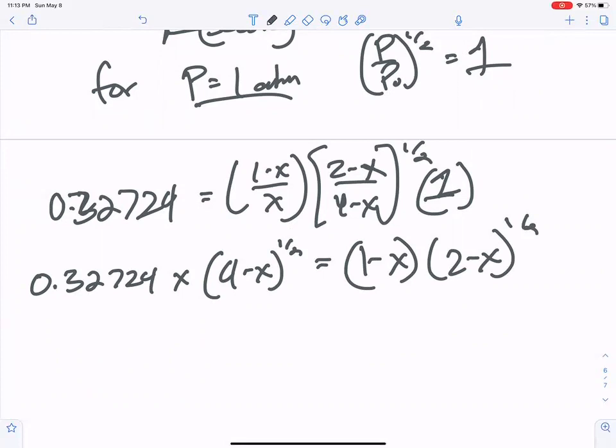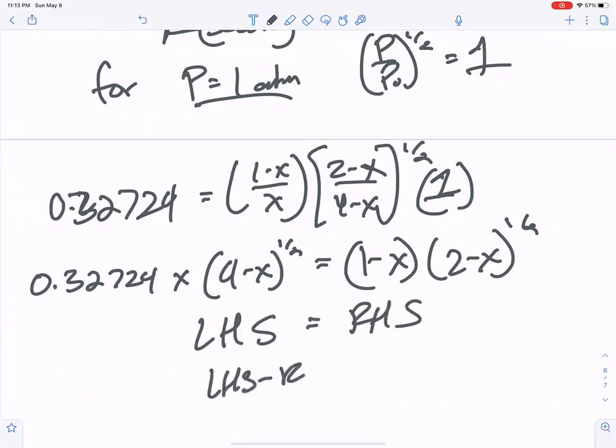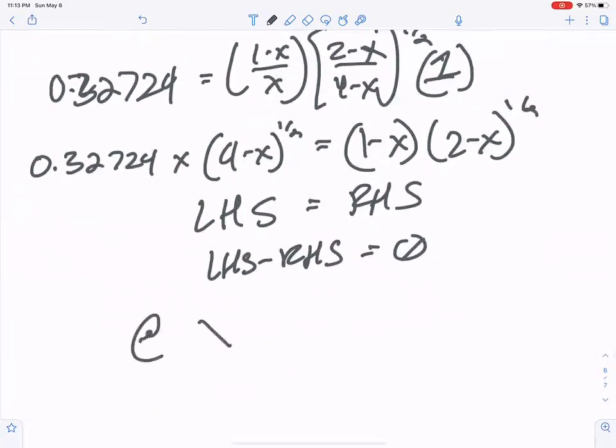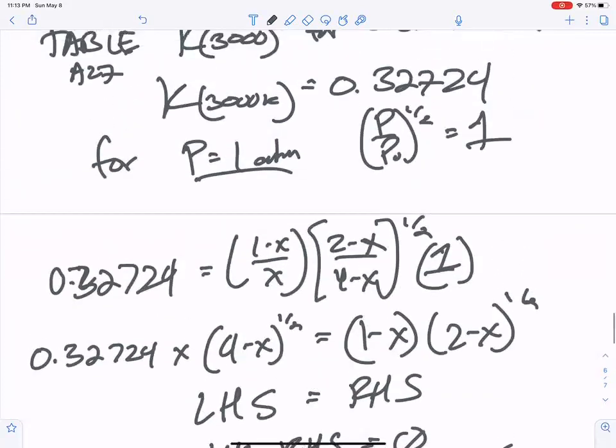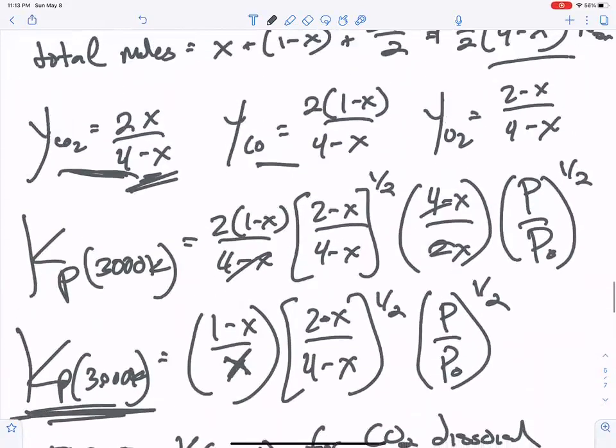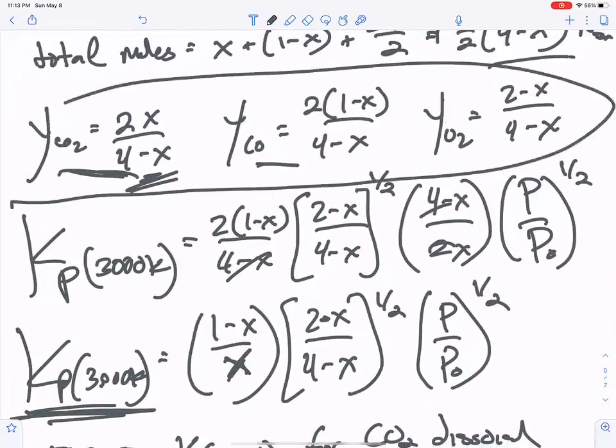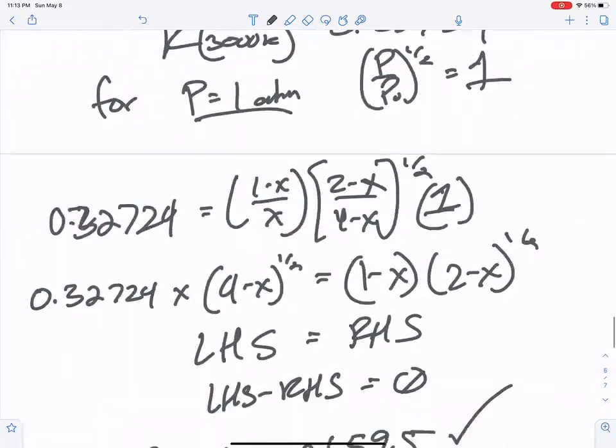So left-hand side minus right-hand side equals 0 at x equals 0.6595. I found that, and then plugging back into these will give you the answer for the equilibrium concentration.